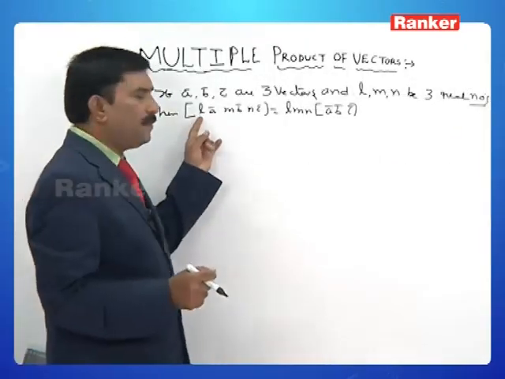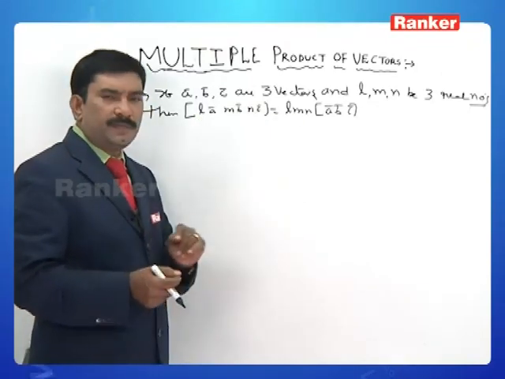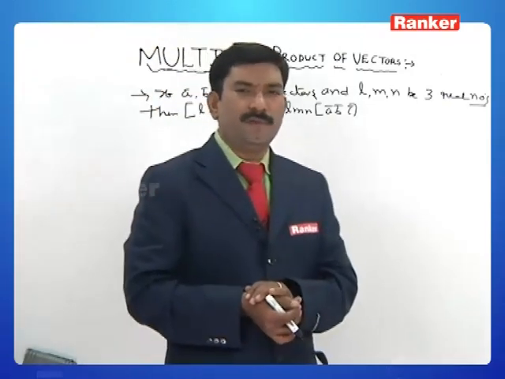If any scalar is multiplied with a vector, that scalar can be taken outside from the box of ABC.